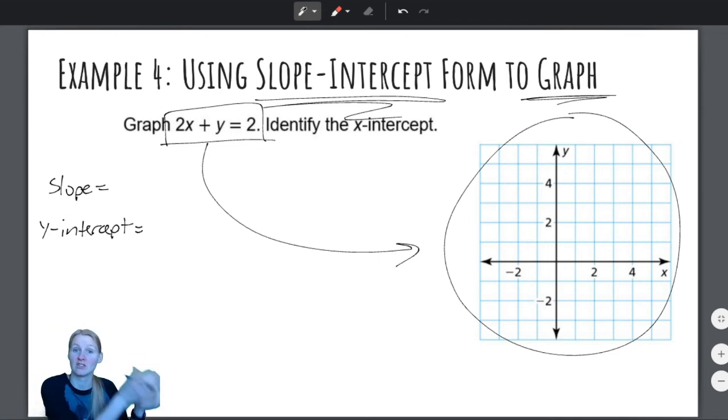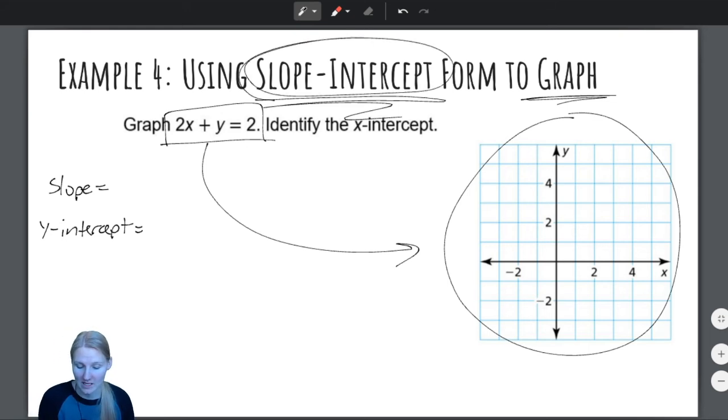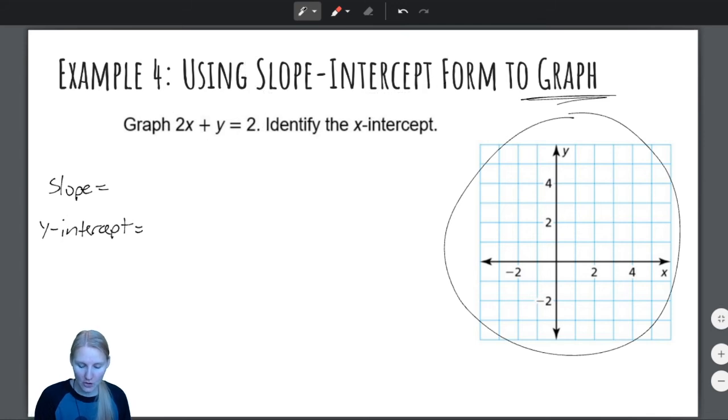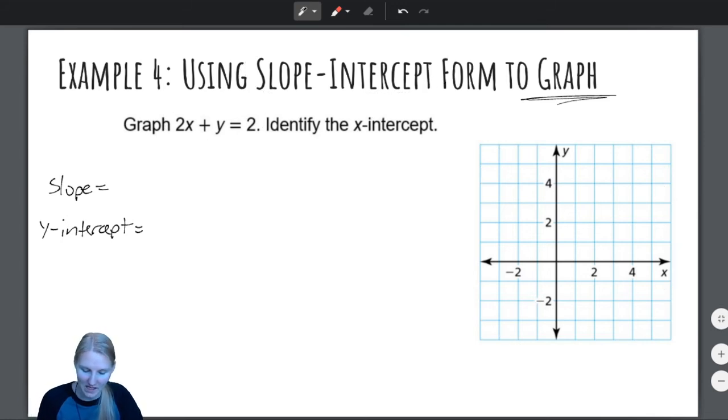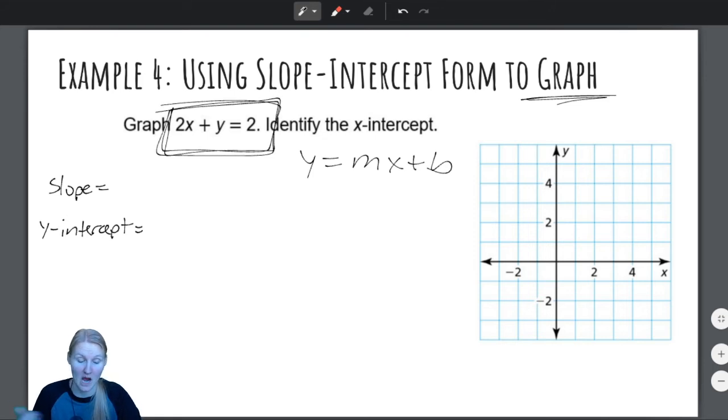We can graph in standard form, and now we're going to be able to graph in slope-intercept form. So the first thing I need is y equals mx plus b. This equation, 2x plus y equals 2, does not look like y equals mx plus b.